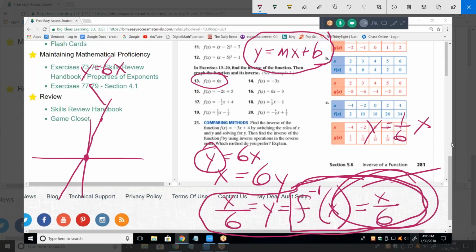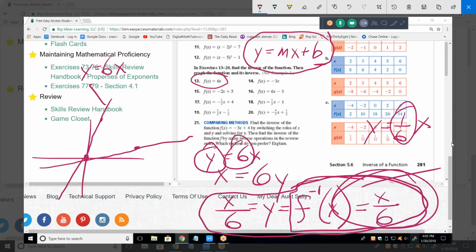Up 1 is correct. Over which way? If I go left, it's not going to be correct. So it's got to be up 1 and to the right 6. Okay. Now we have two positive slopes, which is correct in both cases. 6 is a positive number and 1/6 is a positive number.